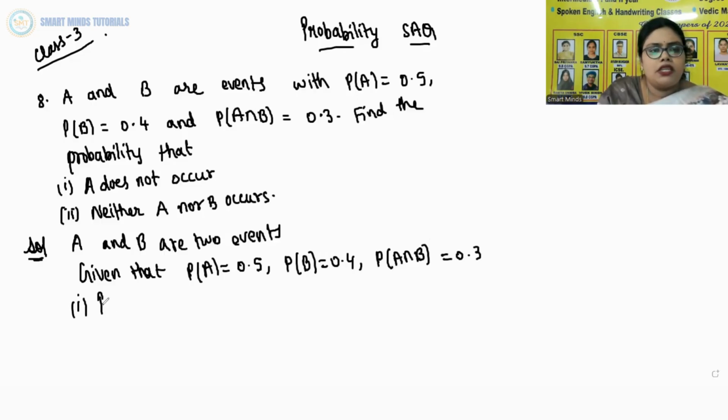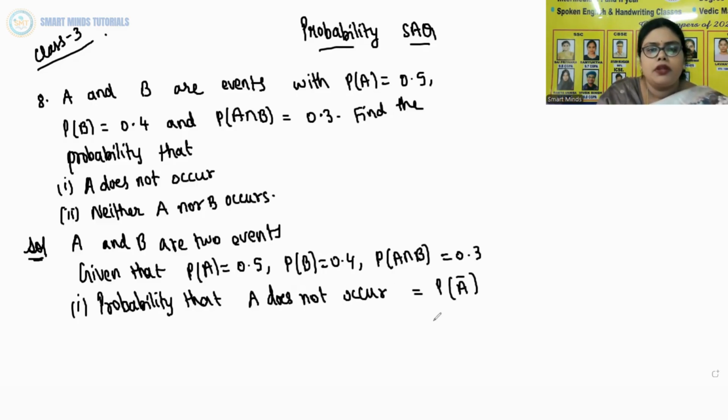First bit is we need to find out the probability that A does not occur. A does not occur means P of A bar we need to find out. P of A bar is 1 minus P of A. That is 1 minus 0.5, which is equal to 0.5.